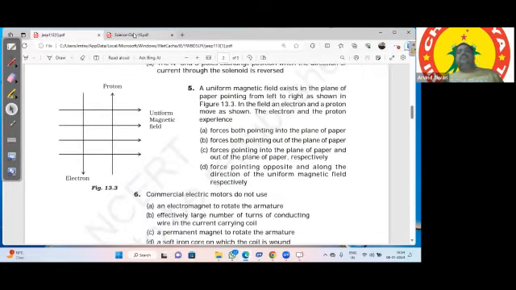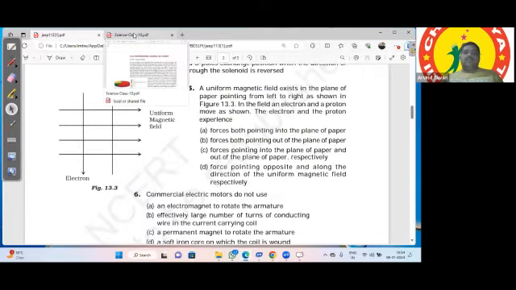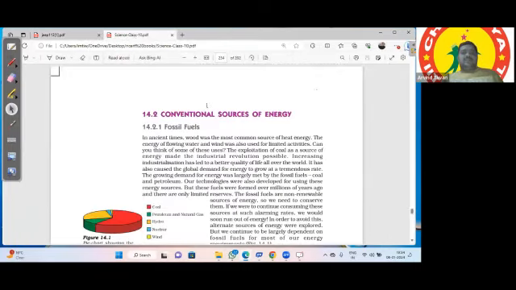Okay, let's see. It's not responding right now. It's not opening. I'll show it once it opens. Or if you have your NCERT, open the chapter Magnetic Effects of Electric Current, and you will find a question which is a solved example. Just check it out.